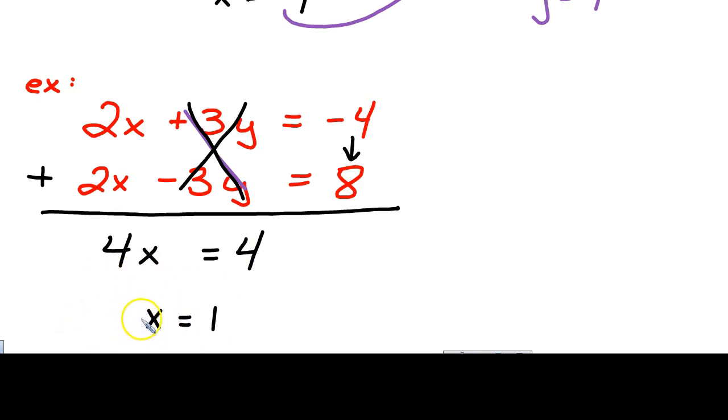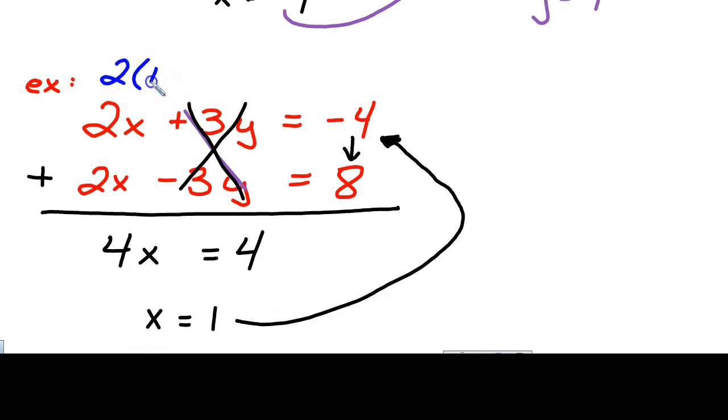After we have found x, now we need to find y. So we need to go back up to one of these equations, and let's pick the top one this time. It really doesn't matter, whatever one you think might be easiest for you to solve. Everywhere we see an x, we're going to put a 1. So our equation is going to be 2 times 1 plus 3y equals negative 4. We need to solve this for y.